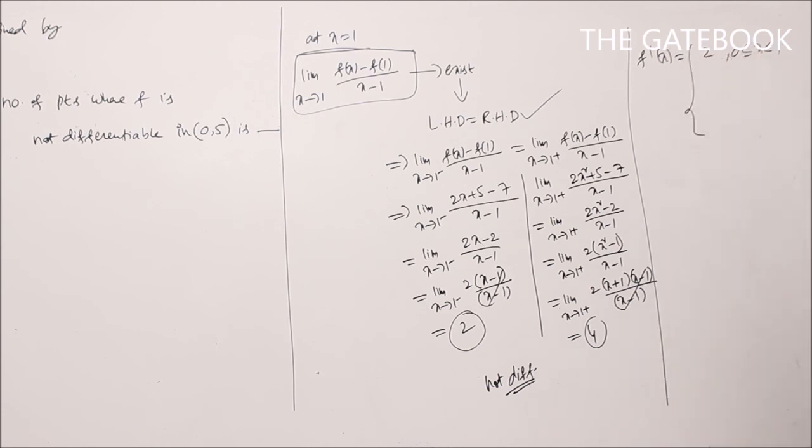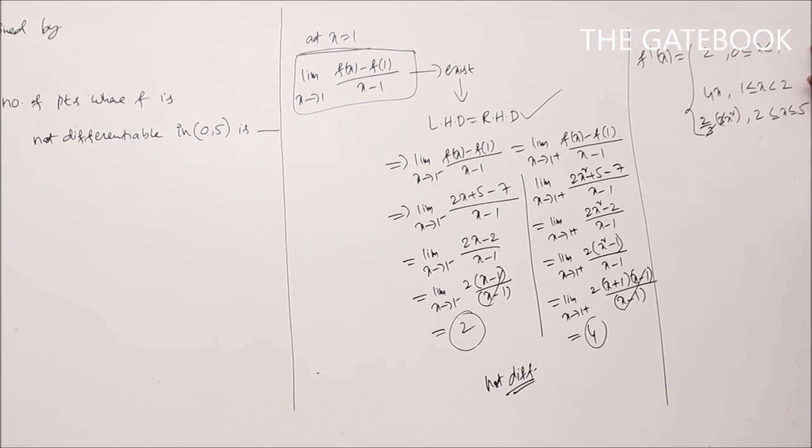The derivative of 2x square plus 5 is 4x for 1 less than or equal to x less than 2. And the derivative of 2 by 3 x cube plus 23 by 3 is 2 by 3 into the derivative of x cube, which is 3x square, between 2 and 5. So 3 will get cancelled, giving 2x square.